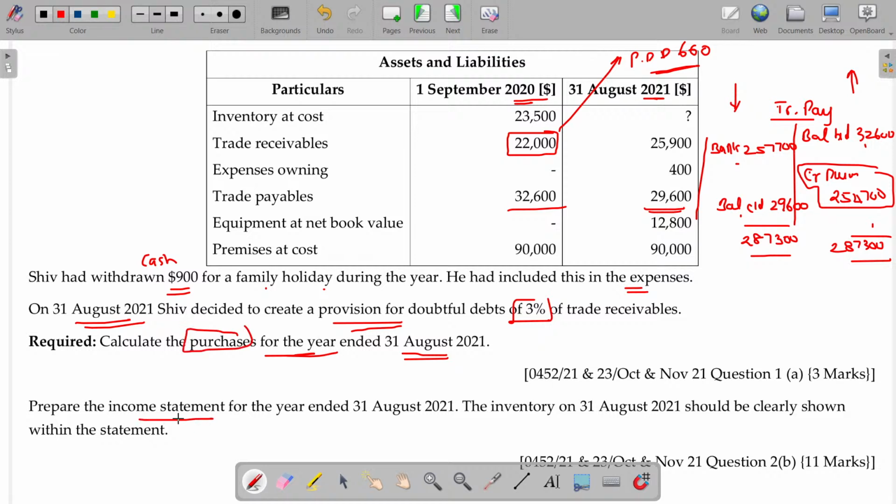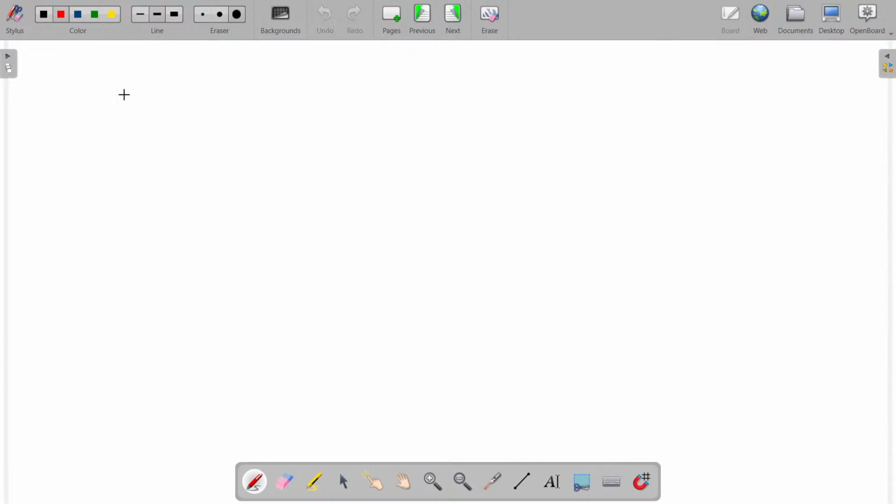Prepare income statement for the year ended. Income statement. So income statement, you have what? A trading section and profit and loss section. But anyhow, I can prepare that as the same format.